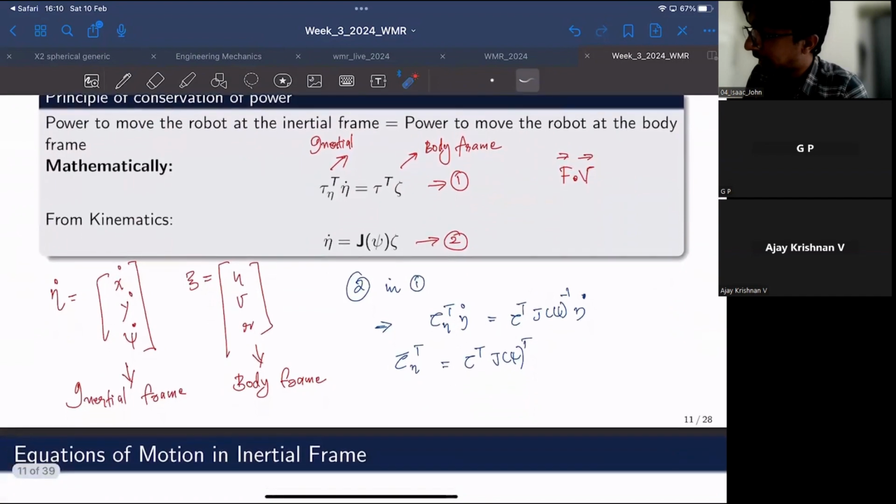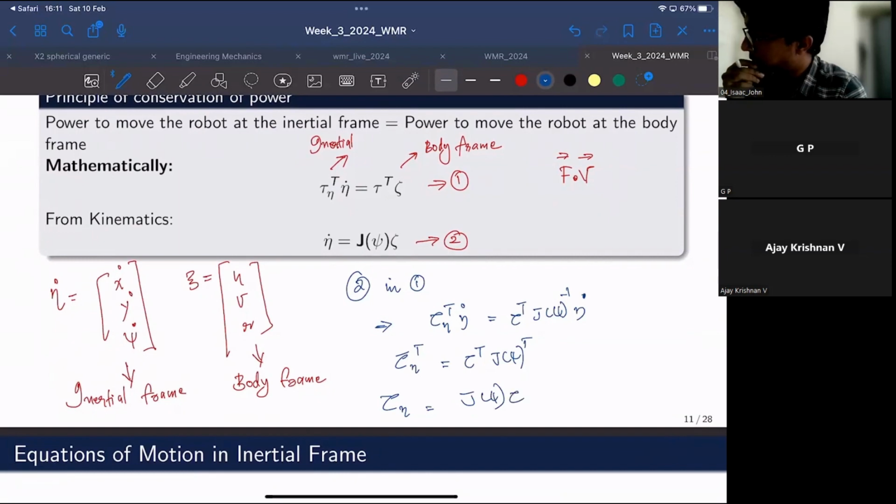If I take the transpose of this one more time, tau eta is J of psi times tau. I suppose I'm right in doing this. Yes, I'll just label this.